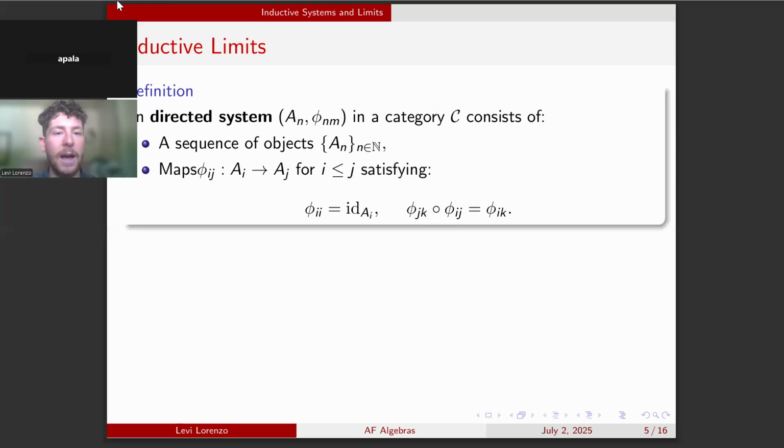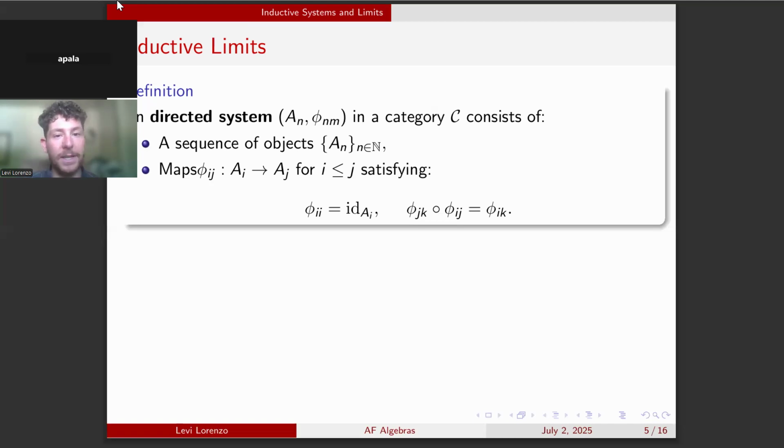So to start off, a directed system consists of a sequence of objects and a sequence of maps between those objects. The maps have to satisfy two properties. First, the map from A_i to A_i itself has to be the identity.